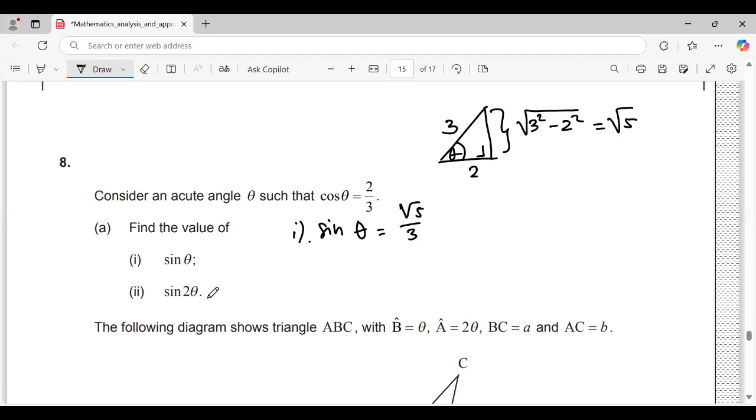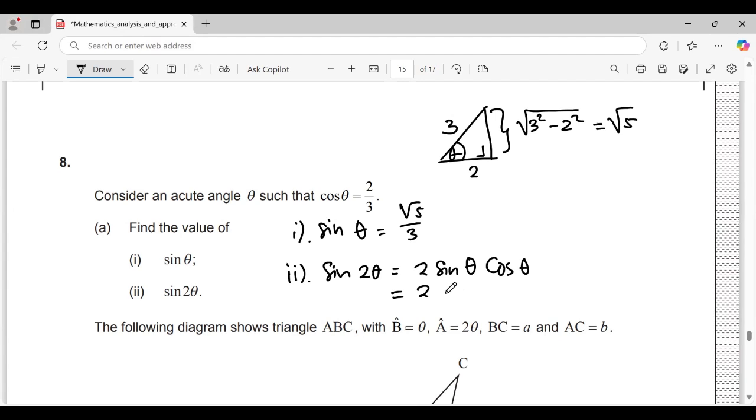Next, sine 2 theta. According to the trigonometric identity, sine 2 theta equals 2 sine theta cosine theta.